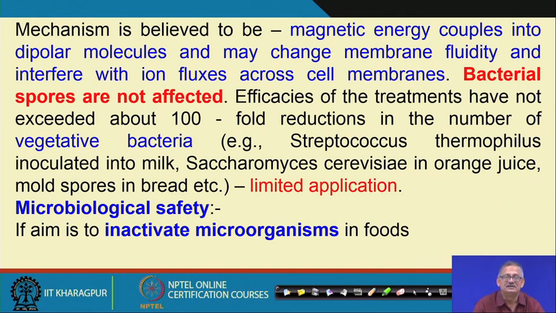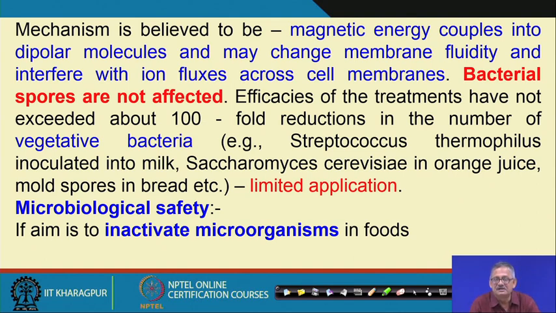So, the limited applications are because of that. Spore formers are not inactivated, and not more than 100-fold, that is 100 times, that is 10 to the 2, is getting destroyed.